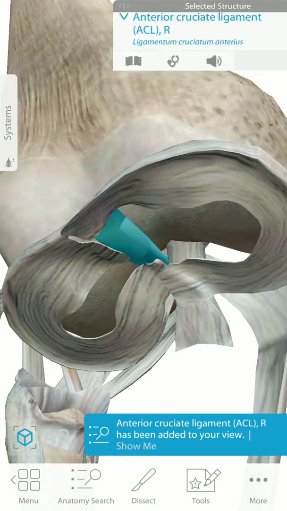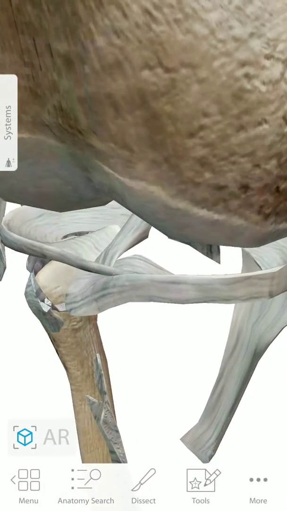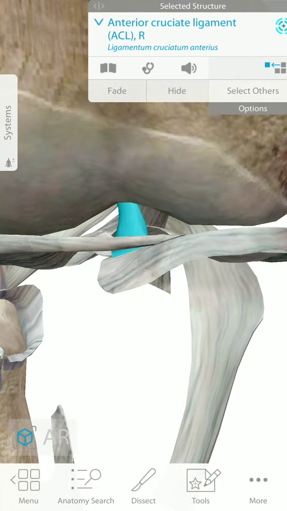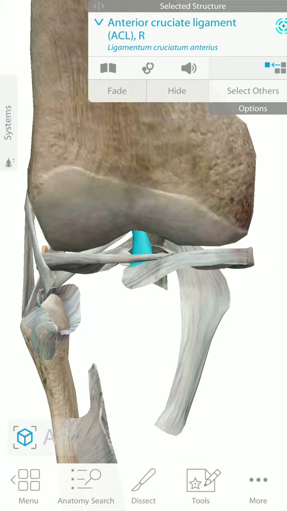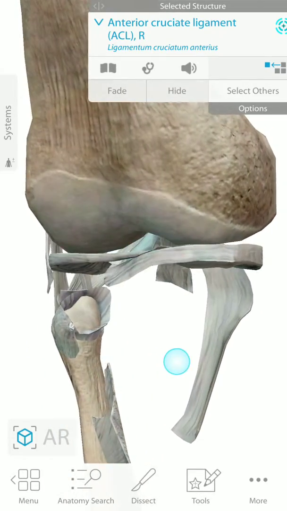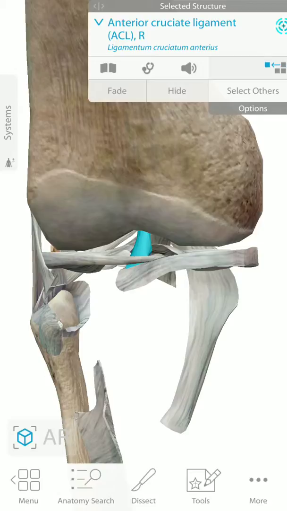Okay, so the anterior cruciate ligament is a small ligament located on the inside between the femur and the tibia. And this ligament resists forward movement or forward translation of the lower leg bone, the tibia. A lot of times this ligament gets torn by having direct posterior to anterior force applied to the tibia.